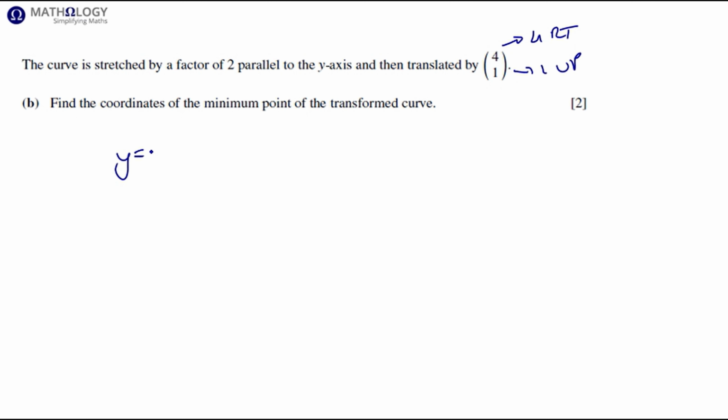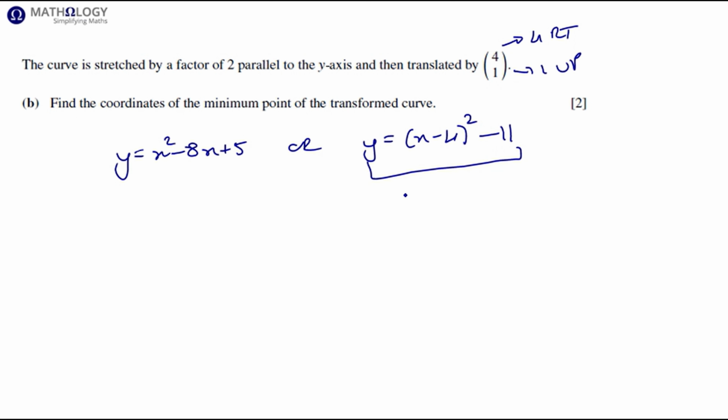Now the curve is y equals x squared minus 8x plus 5, or in turning point form, x minus 4 all squared minus 11. Now it's probably better to use the turning point form because we got the turning point directly from that, and we're looking for the coordinates of the transformed turning point.